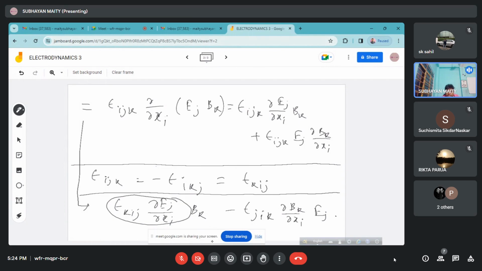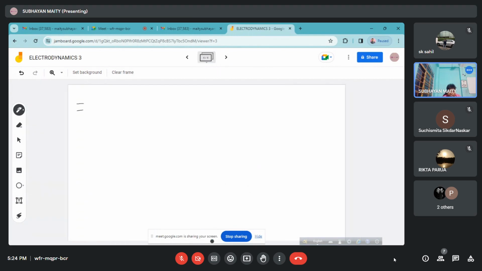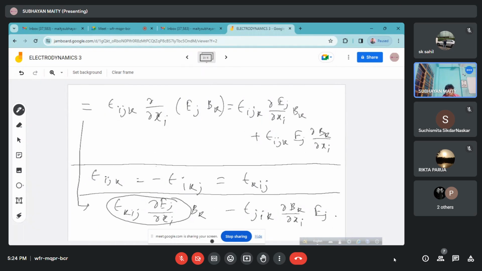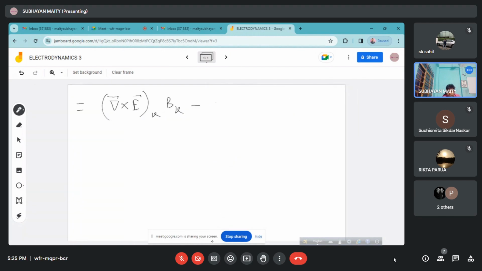So this is equal to curl E k Bk minus curl B j Ej. So this is nothing but B dot curl E, minus E dot curl B.